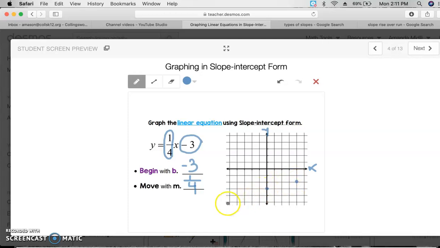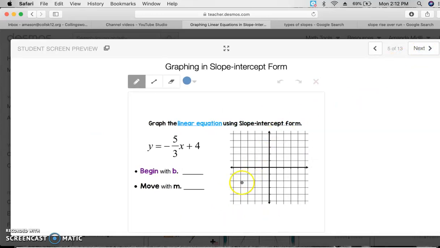If I were to imagine drawing a line through this, it would be a positive slope, which it is. I'm going to connect my points with a line. And then I also want to draw arrows on the end because this line goes on forever. And this is the line here.